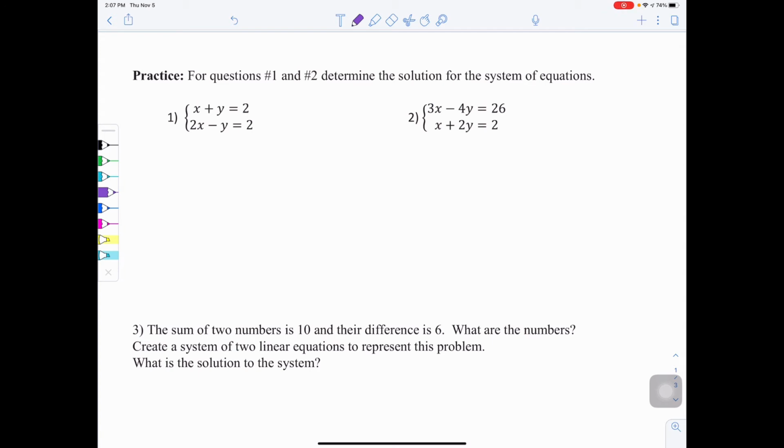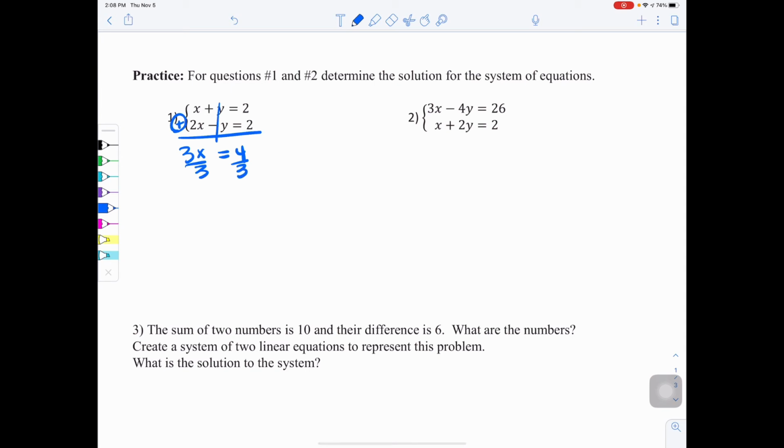Okay, you've had time to try these problems on your own, so we will go through the answers. For each of these, you need to determine the solution of the system by using the elimination method. If I'm looking at number 1, I already have opposites, positive y and negative y, so I can immediately just add these together, get 3x equals 4, divide both sides by 3, and get that x is 4/3.